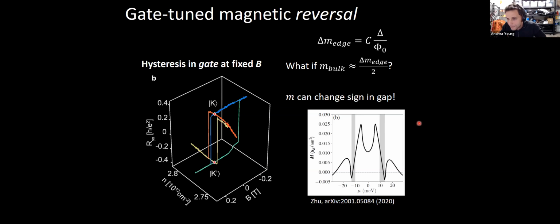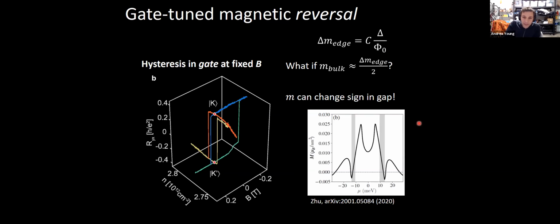Do you also know of any similar system where you can hysteretically control magnetization with density? Not by reversing the sign. There's certainly a long history in spintronics of figuring out how to use density to go from magnetic to not magnetic, or tune things between essentially zero and finite. That's also true in some of these 2D magnetic semiconductors.